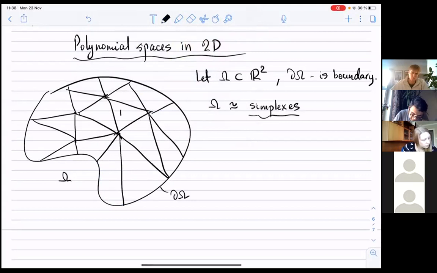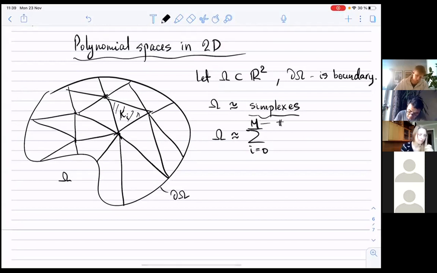If you take one of these triangles, I denote it K_i. We say that omega is approximated by the sum of K_i, with i from 0 to M, where M is the number of elements.